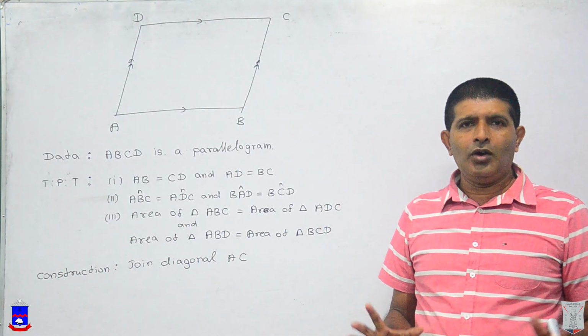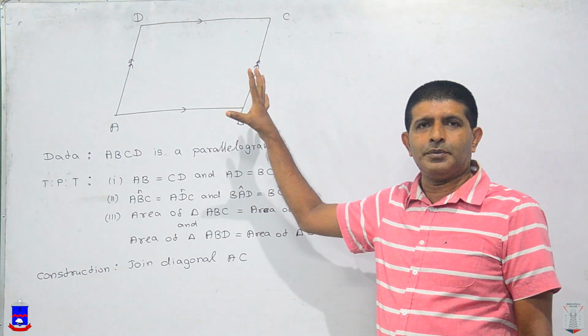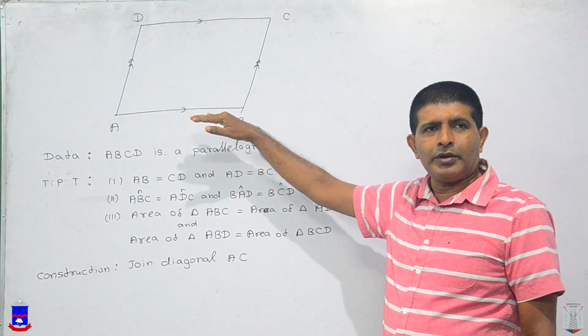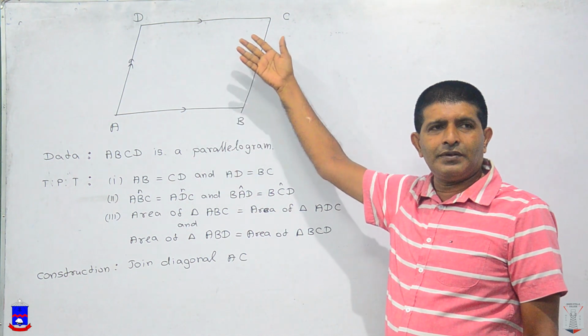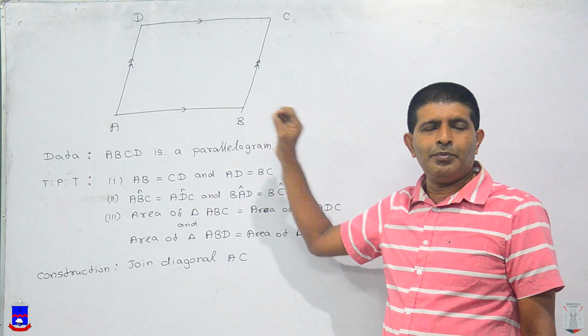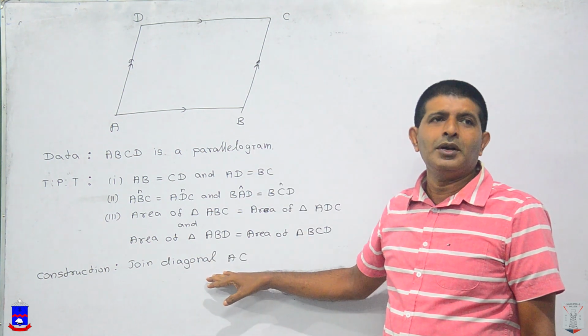Okay, now we are moving to the formal proof of the above theorem. That theorem means in a parallelogram, opposite sides are equal, opposite angles are equal, and each diagonal bisects the area of the parallelogram.